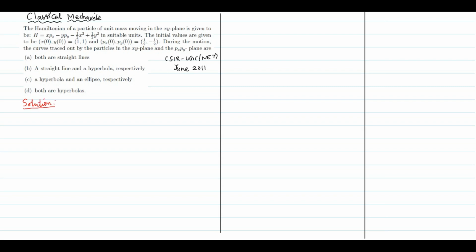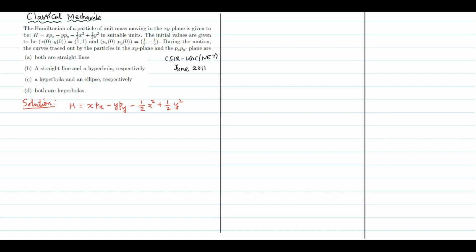So let us write down the given quantity, that is the Hamiltonian of this system. H = x px - y py - (1/2) x² + (1/2) y². So this is given.